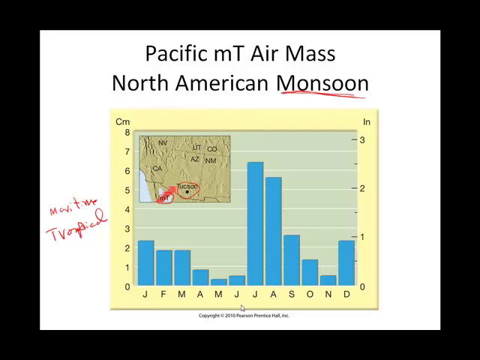And we definitely have precipitation in July, August, September, October. So that is our wet season, and then we have the dry season most certainly in the spring months here, April, May, June.